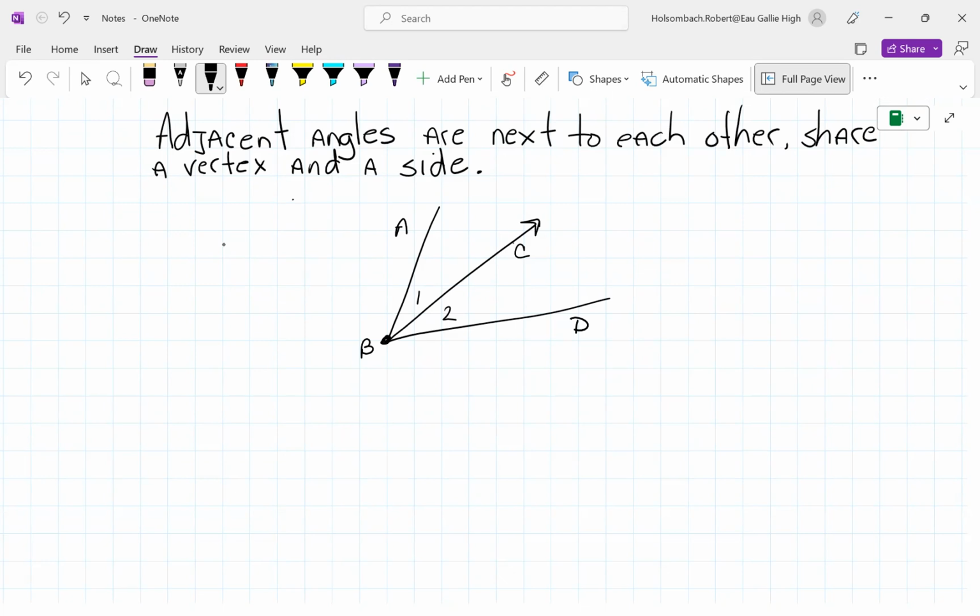And then angle CBD has a vertex of B and a side of BC. So ABC and CBD are adjacent. And we'll say adjacent angles.